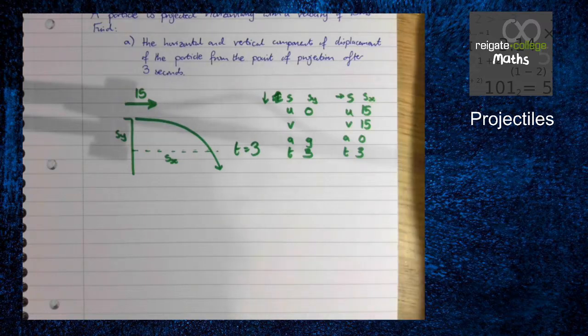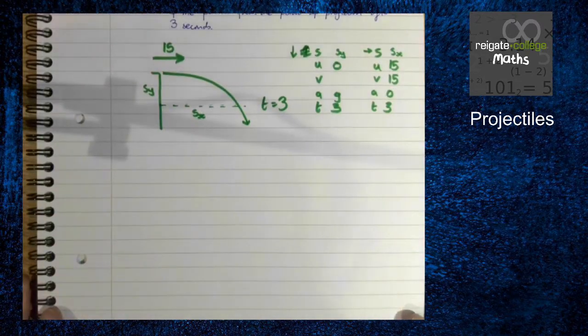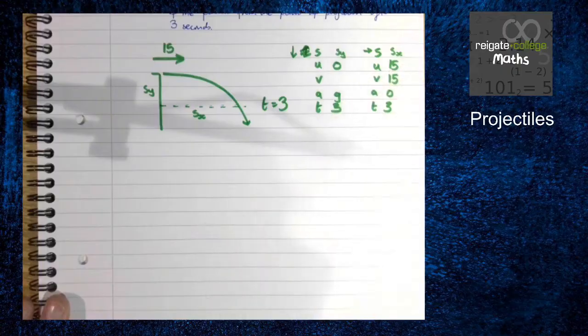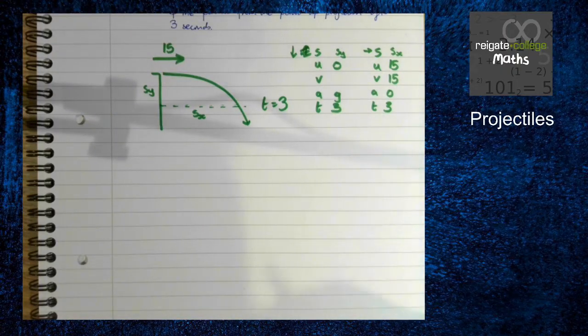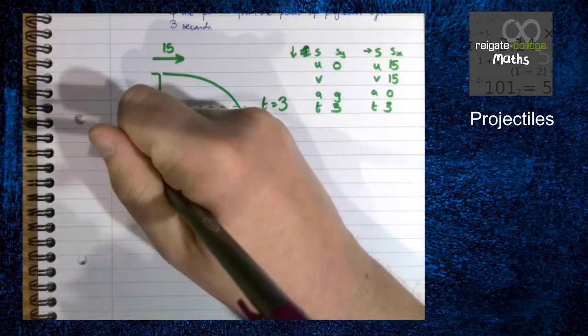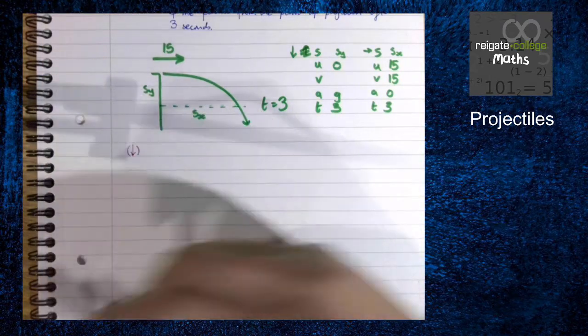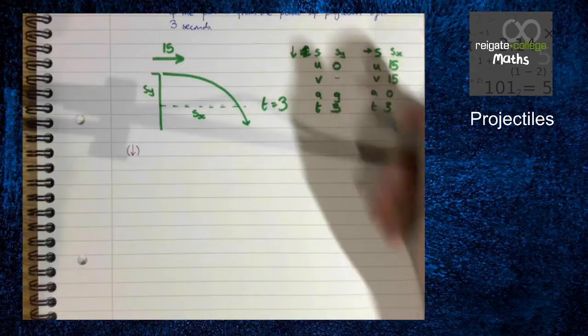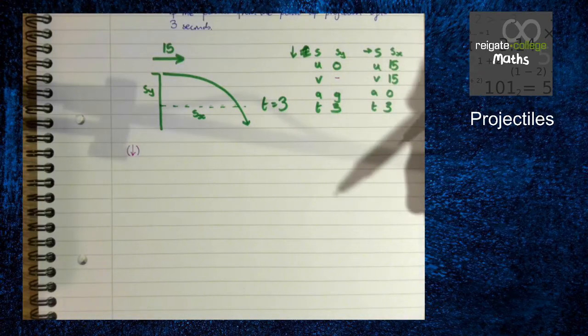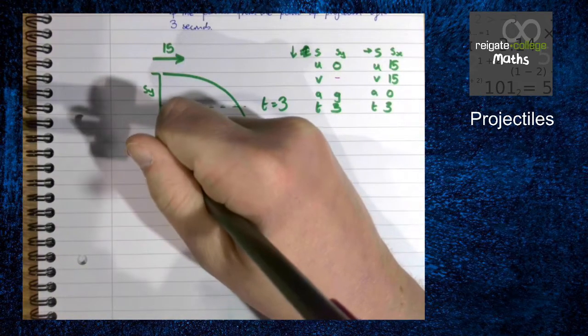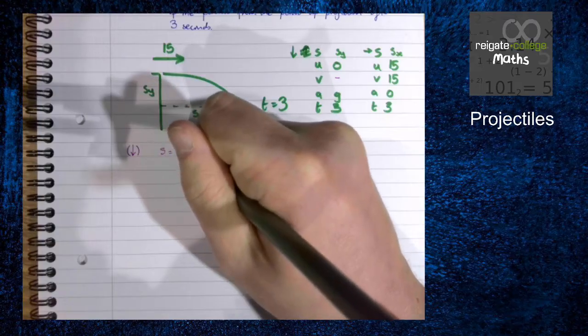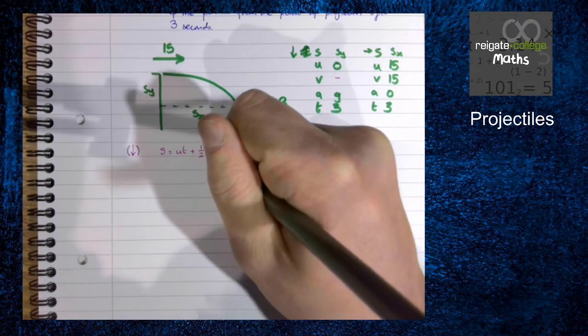So what we're going to do is take each one in turn, and we're just going to do normal suvat to it. We're going to go downwards, so we don't have v. So we're going to use the suvat equation that doesn't have v in, which is s equals ut plus a half at squared.